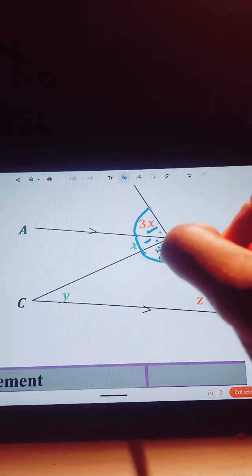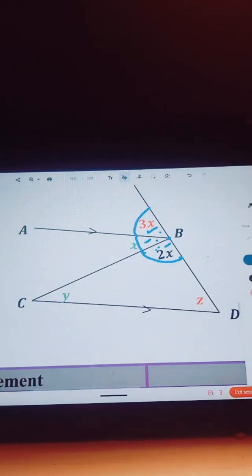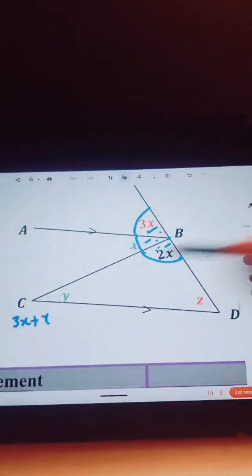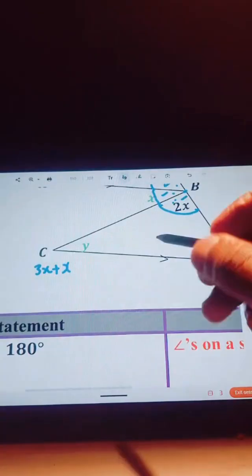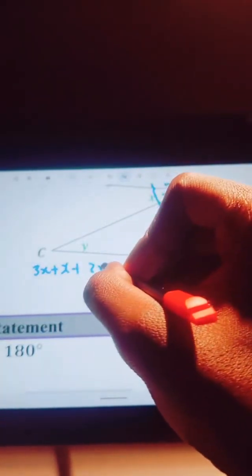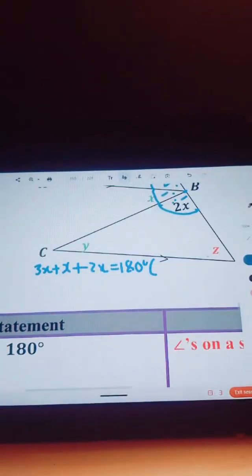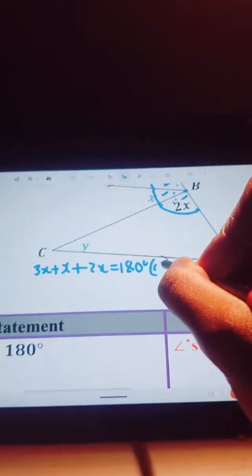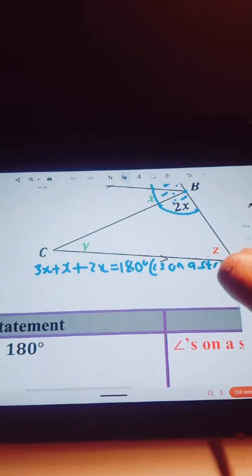They complete a straight line. So we can say 3x plus x plus 2x is equal to 180 degrees. What's the reason for saying that? Angles on a straight line.